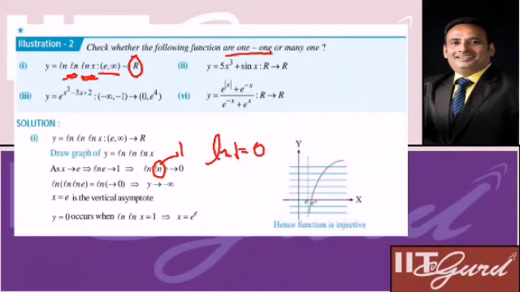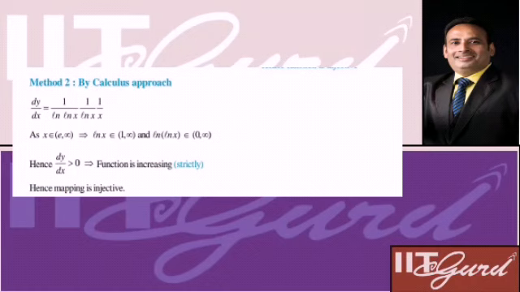The second method is to differentiate: the differential of ln x is 1 by x. So for ln of ln x, the differential is 1 by ln x into 1 by x.